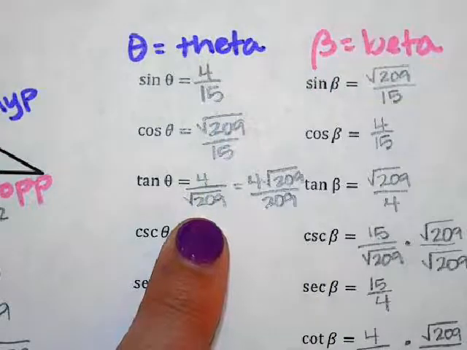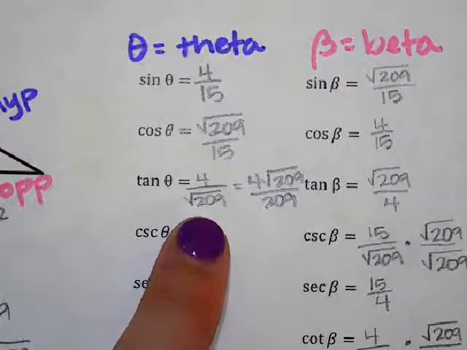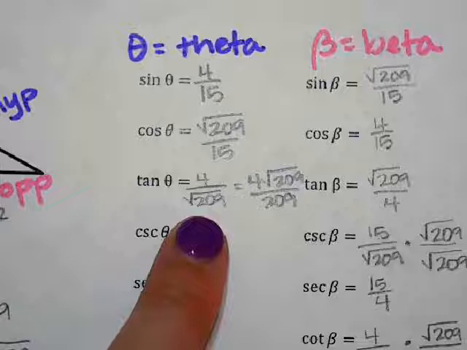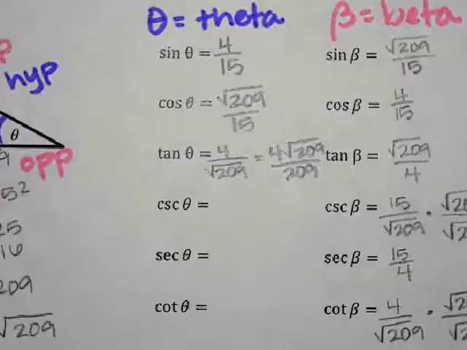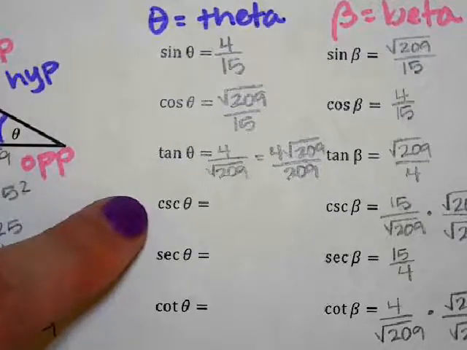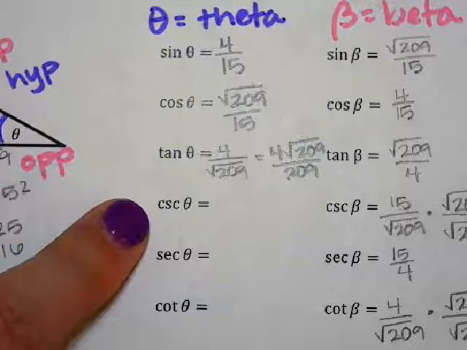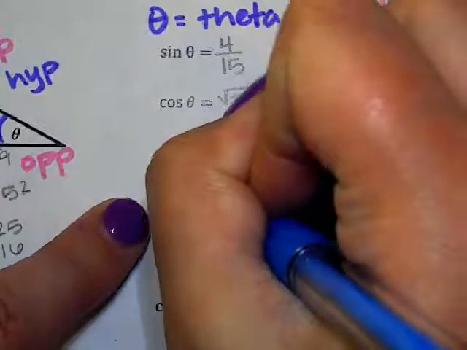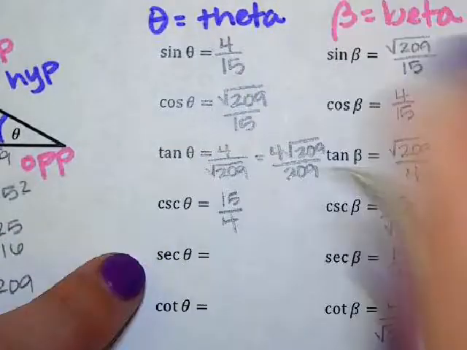And then we're going to take these and we're going to flip, flip, flip. So sine goes to cosecant. What do we get? 15/4. Okay. Cos goes to secant.